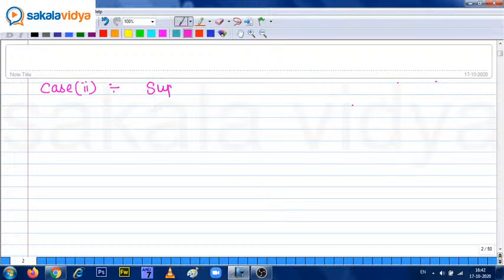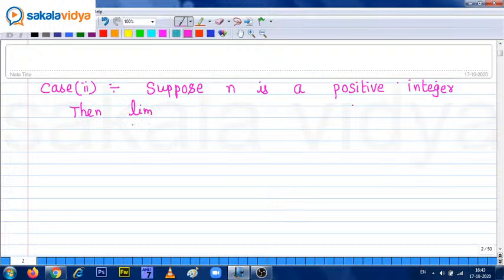Suppose n is a positive integer. So then limit x tends to a, x to the power of n minus a to the power of n upon x minus a.